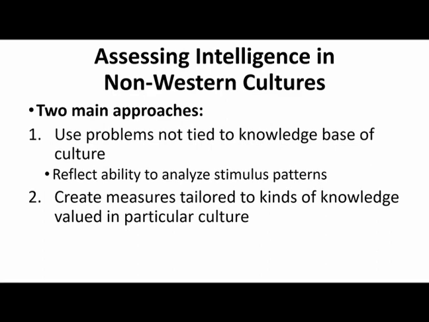Most of our measures of intelligence focus on Western cultures, focus on North America and Europe, and that tends to leave behind everywhere else on the planet. So we can't get a full idea of intelligence and measuring intelligence if we don't consider all of the other places that people exist where we can measure intelligence.